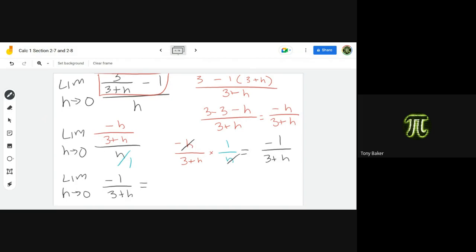Now can I plug in my 0? Yep. And I get negative 1/3.